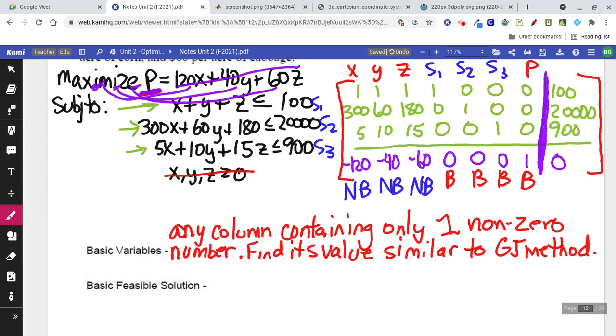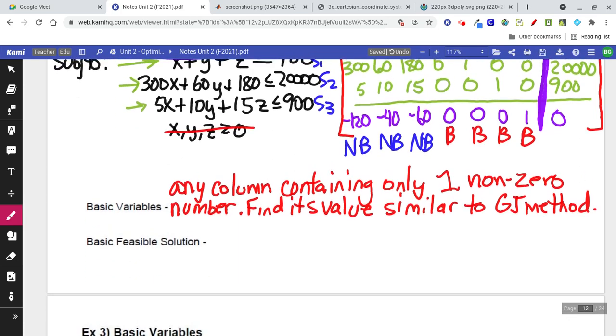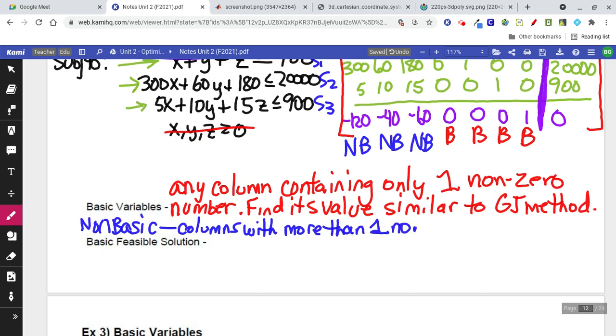All right, so what's a non-basic? Non-basic are columns with more than one non-zero.